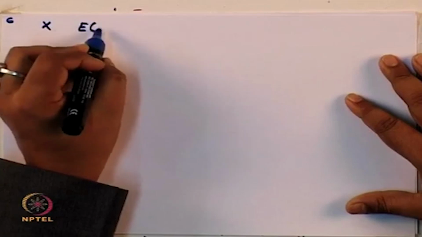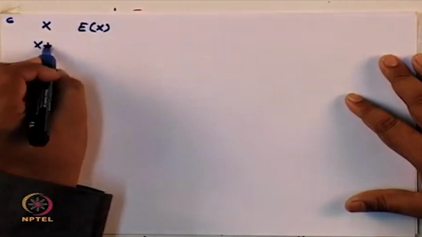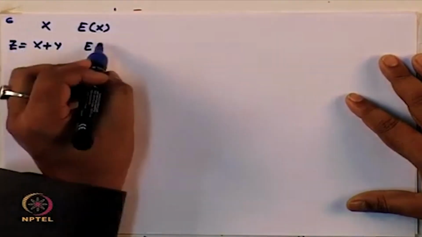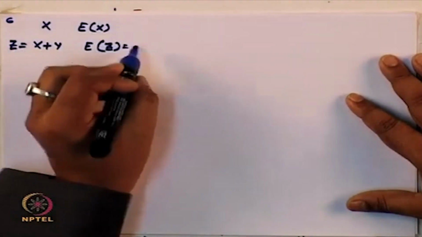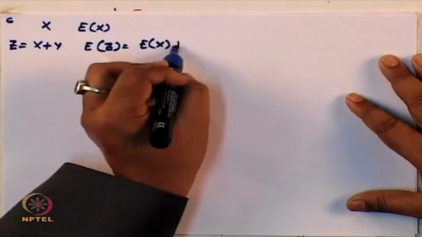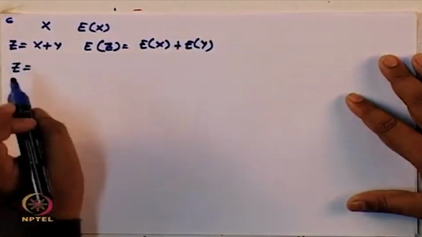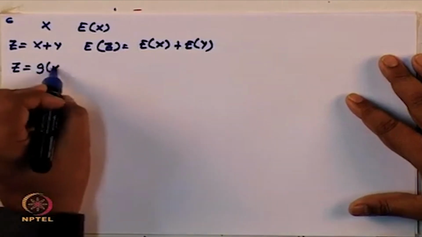Okay. Let's take another. We can generalize. So, you have x and you can have expectation of x. You have x plus y, your expectation of z. So, let us say if you define z as x plus y, E of z is simply E of x plus E of y. You can define a variable z as g of x.